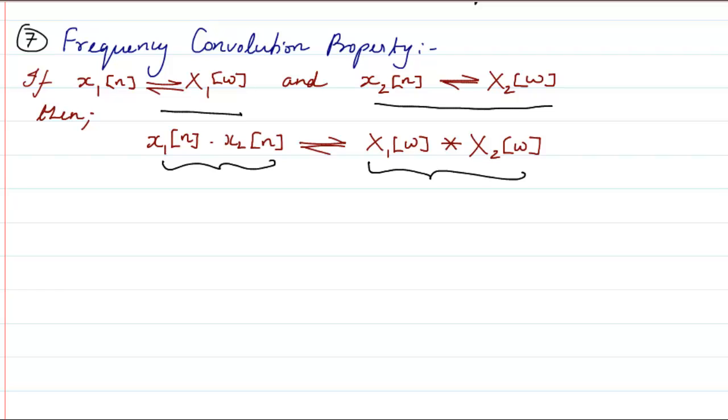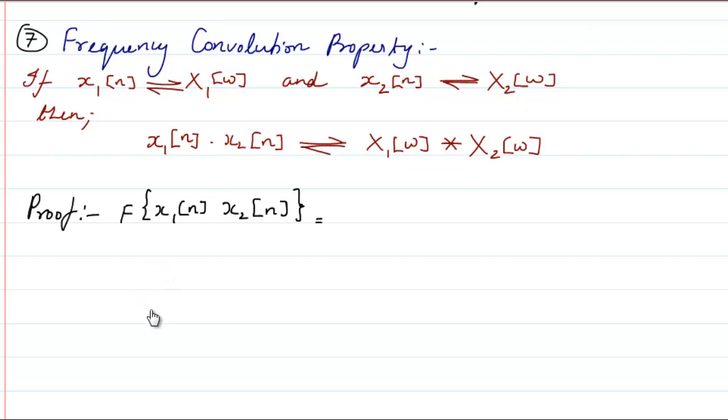Let us prove this. We know that the Fourier transform of any function is basically summation n from minus infinity to infinity, then the function, which in our case is the multiplication of x1 of n and x2 of n, multiplied with e raised to power minus j omega n.